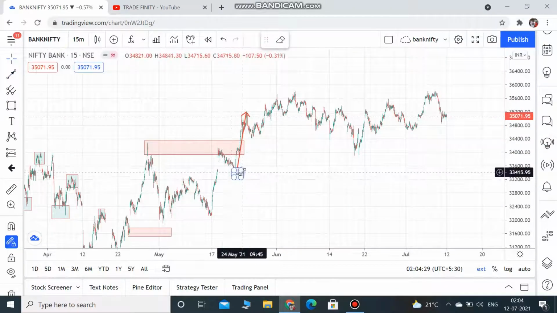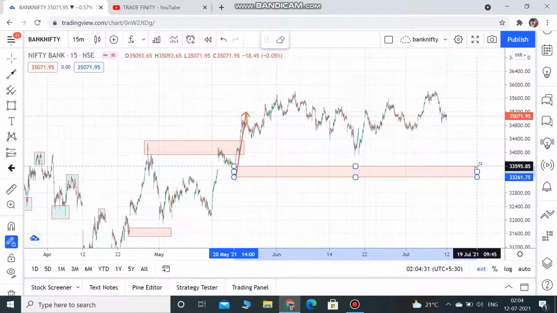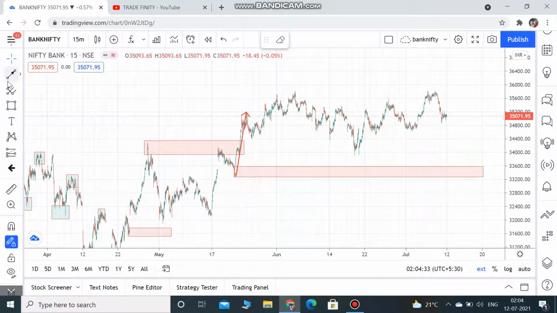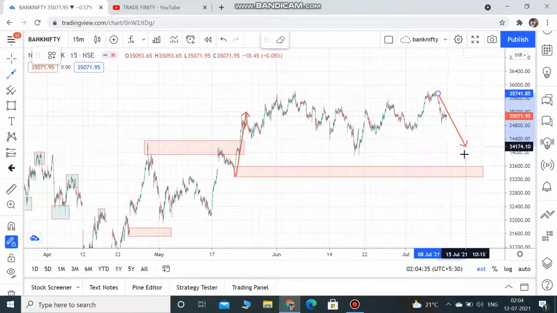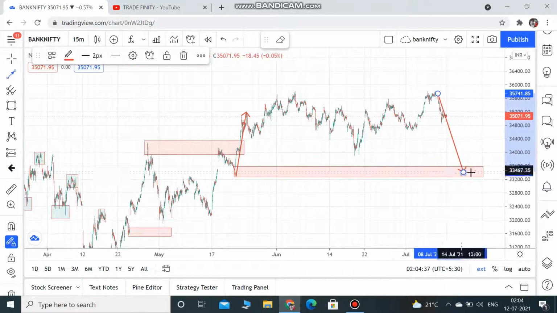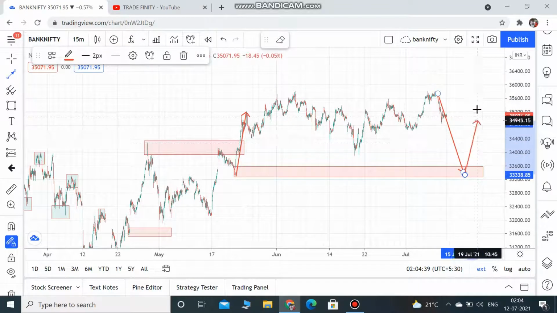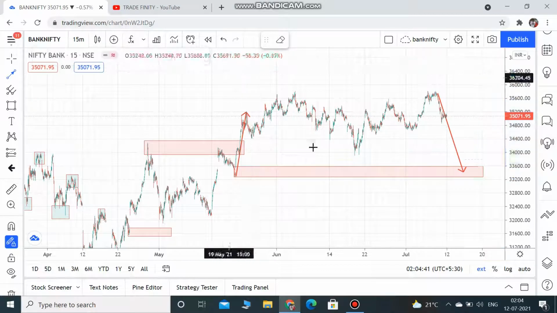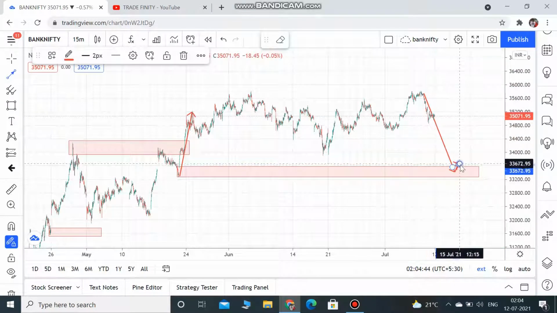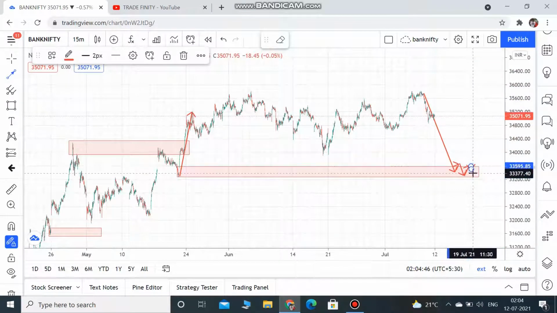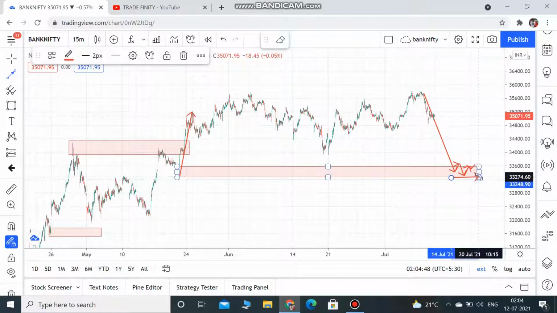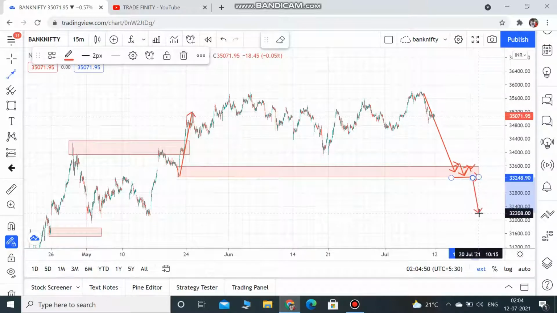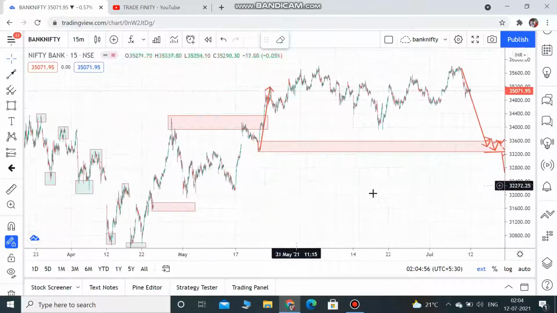So next time when the market comes at this position like this, it will take good support and might reverse, or it might have good fluctuations like this, and then if you mark like this, then it might go down or it might take good support like this. That is what is going to happen.